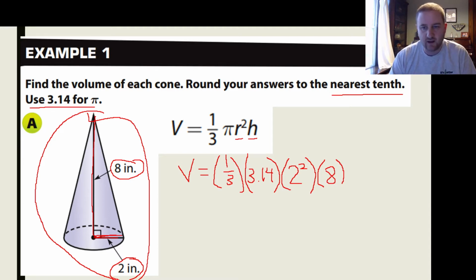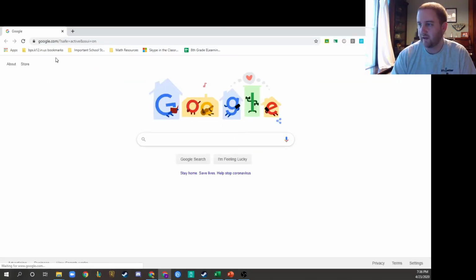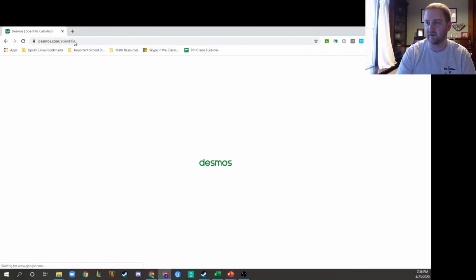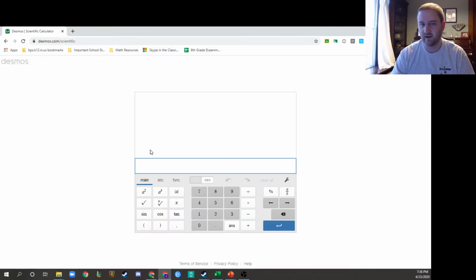Now we need to open up Chrome so that we can go to our calculator. We're going to go to desmos.com/scientific, and we're just going to plug in what we know.